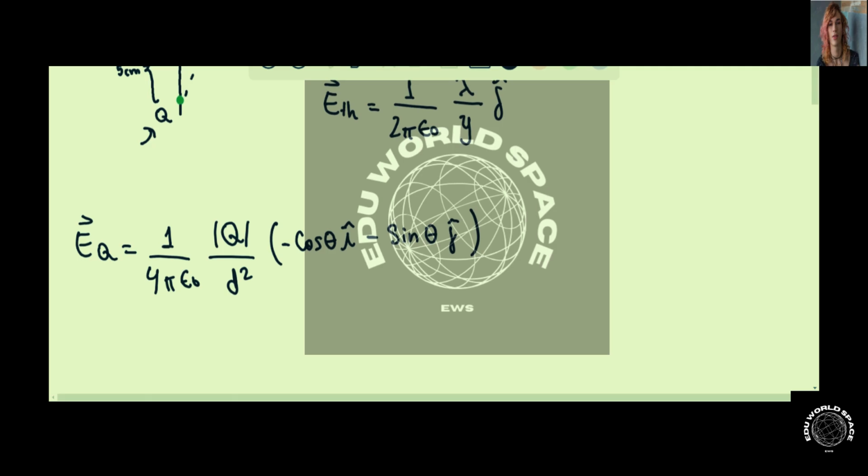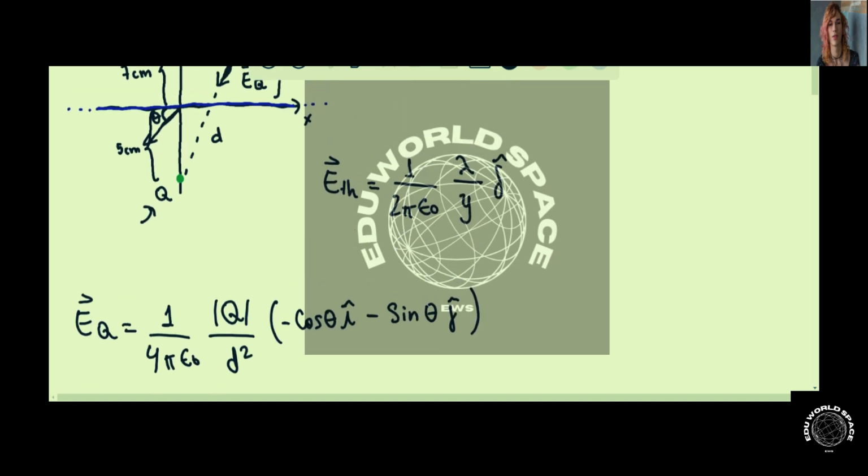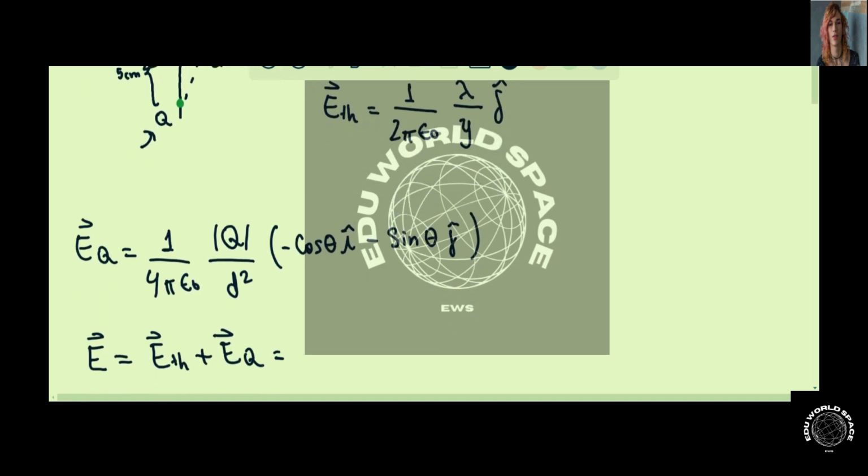With these two, we can obtain the net electric field caused by these two charges. The net electric field is the sum of the electric field because of the thread and the electric field produced by the charge Q. We can sum component with component.